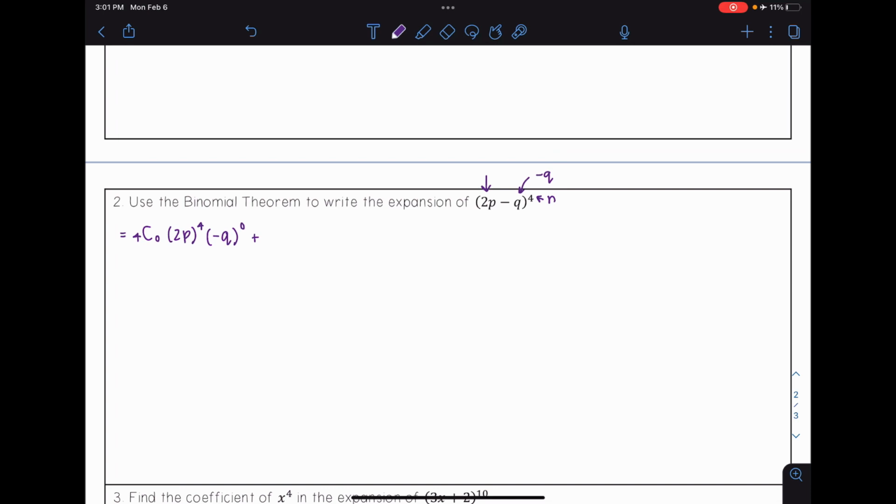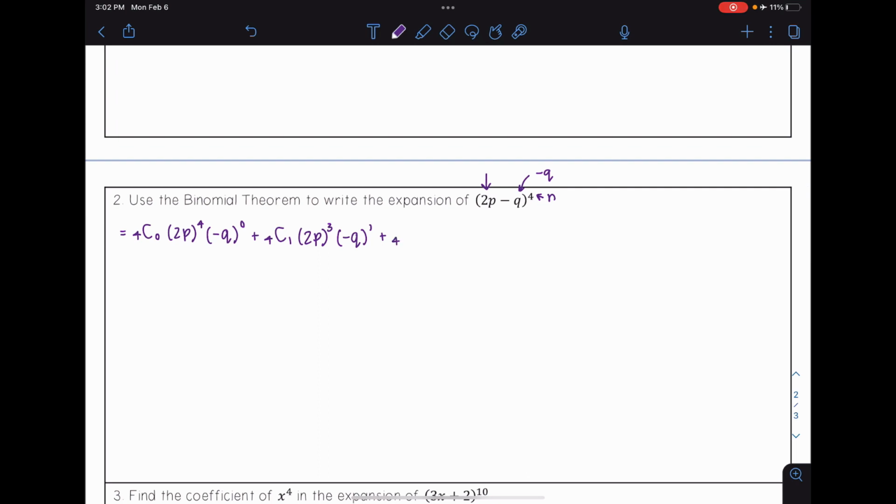Now I'm going to add and subtract where I need to. So my 4c0 now becomes 4c1. 2p, I'm going to subtract 1 from that exponent, so it becomes 3. And then negative q, I'm going to add 1 to that exponent, so it becomes 1. And then I want to keep going with that pattern. So now I have 4c2. 2p, I'm going to subtract from that exponent, it becomes 2. Negative q, I'm going to add to that exponent, so it becomes 2.